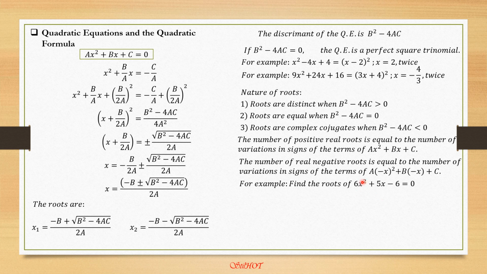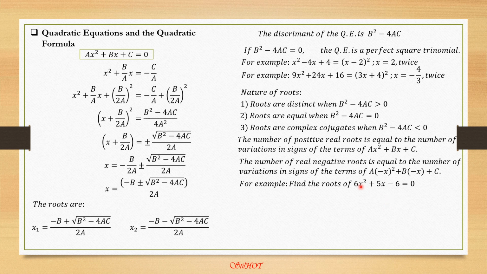And because this is always positive, even if we replace x by negative x, this becomes negative, and this is also negative. Therefore, if this is positive, there is only the negative root. So it's impossible that there is one negative root if there's no positive root.